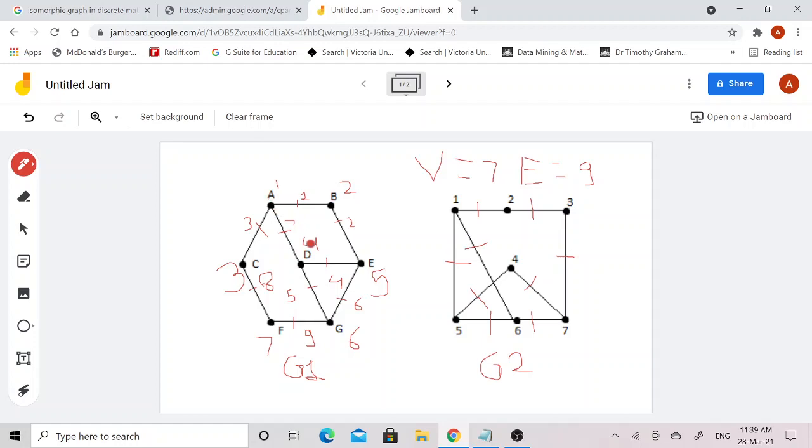So here we have to consider the degree of vertices from both the graphs. So here we will consider one by one the degree of vertices of each graph. Now we will write the degree of vertices for node A. As there are three edges connected to this node, the degree of vertex for the node A is 3.